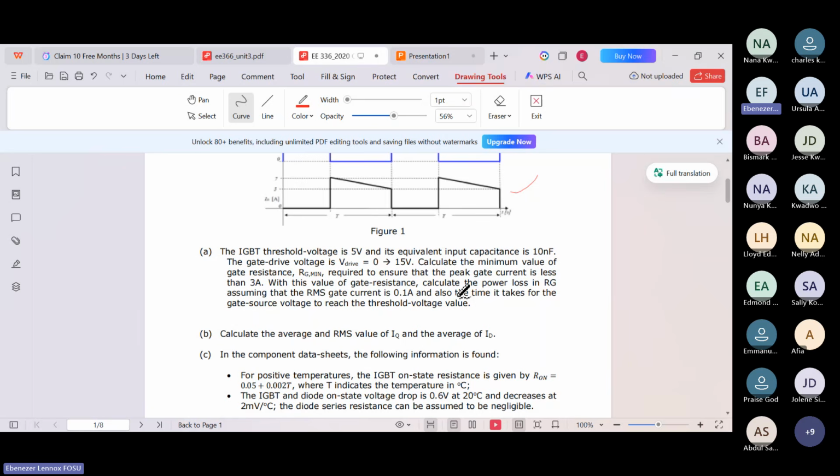the question says we should calculate the time it takes for the gate voltage, the gate source voltage, to reach the threshold voltage. So we've been given the gate capacitance, right? So anytime you have a capacitor and you connect a voltage source to it, it takes time for the capacitor to charge.